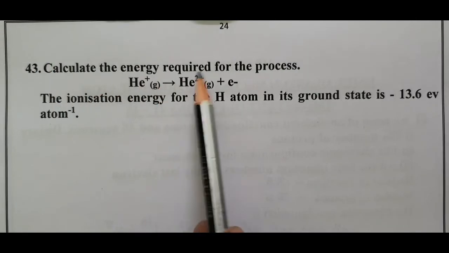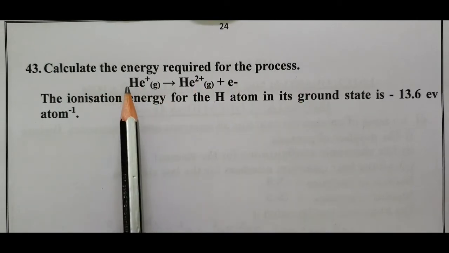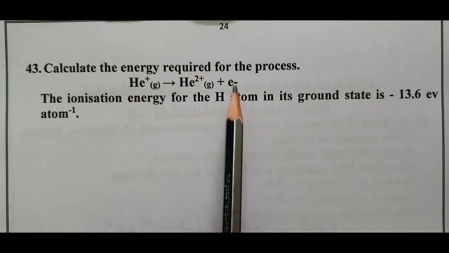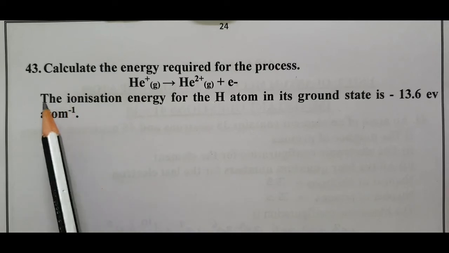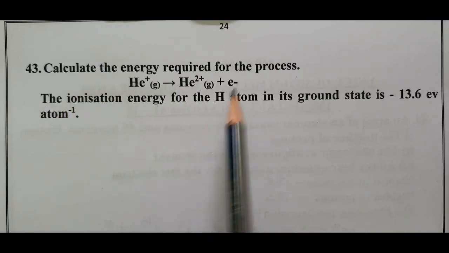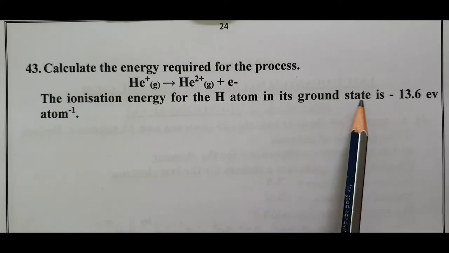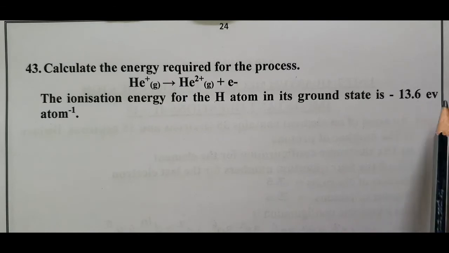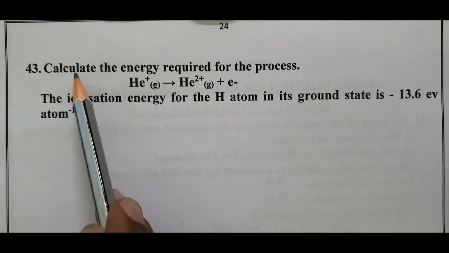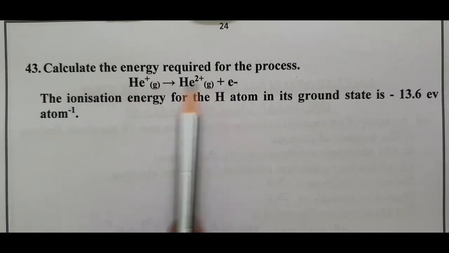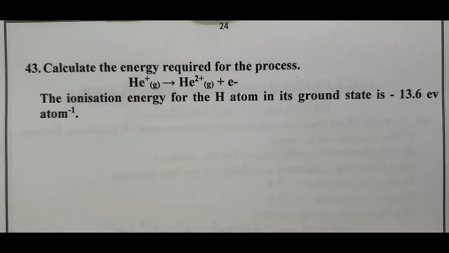Calculate the energy required for the process: helium plus in gaseous state loses 1 electron and becomes helium 2 plus in gaseous state. The ionization energy for the hydrogen atom in its ground state is minus 13.6 electron volt per atom. So, here given, calculate the energy required to remove 1 electron from the helium ion.